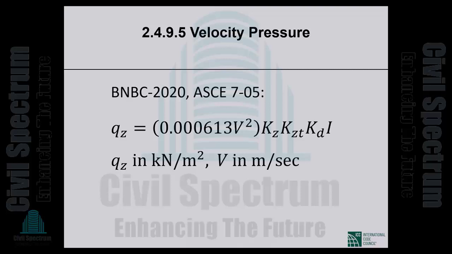Then three coefficients, K sub z, K sub zt, K sub d, and an importance factor I. So there are five variables in this equation: V, K sub z, K sub zt, K sub d, and I. Now in this equation, q sub z is in kilonewton per square meter, and V is in meters per second. Very important. This is why the map gives you velocity in meters per second. Okay. So in ASCE 7, this equation is written without the three zeros, but then q sub z is in Newton per square meter, whichever way you like it.